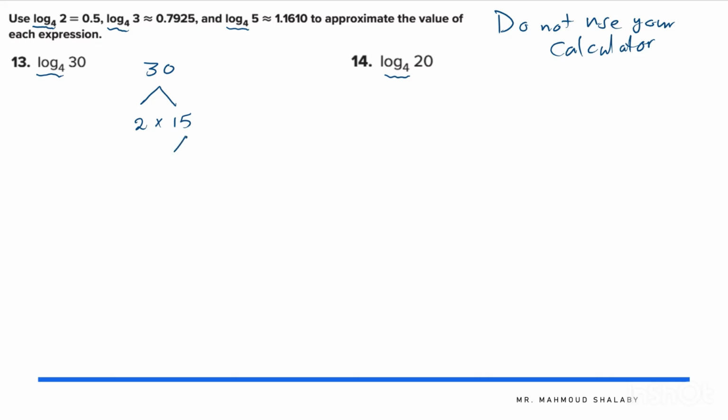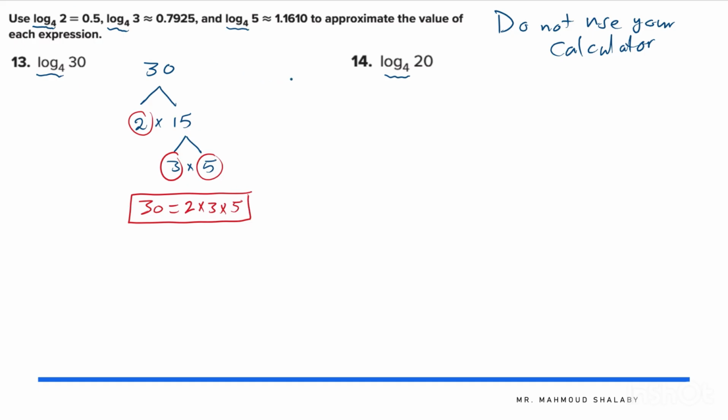However, 15 could be rewritten as 3 multiplied by 5. Now, all of these factors, 2, 3, and 5, are prime numbers, so I will stop. This means I can rewrite 30 as 2 times 3 times 5, and this is what we will do.